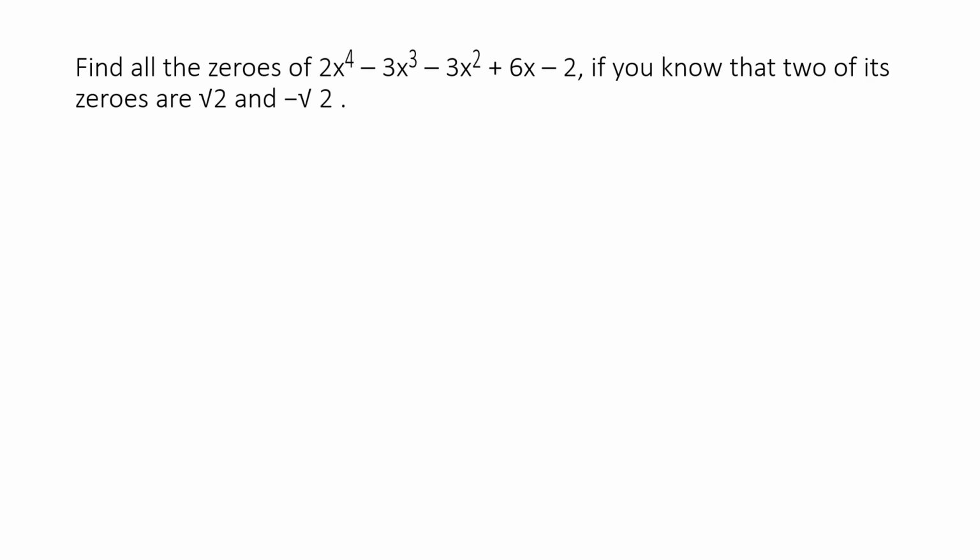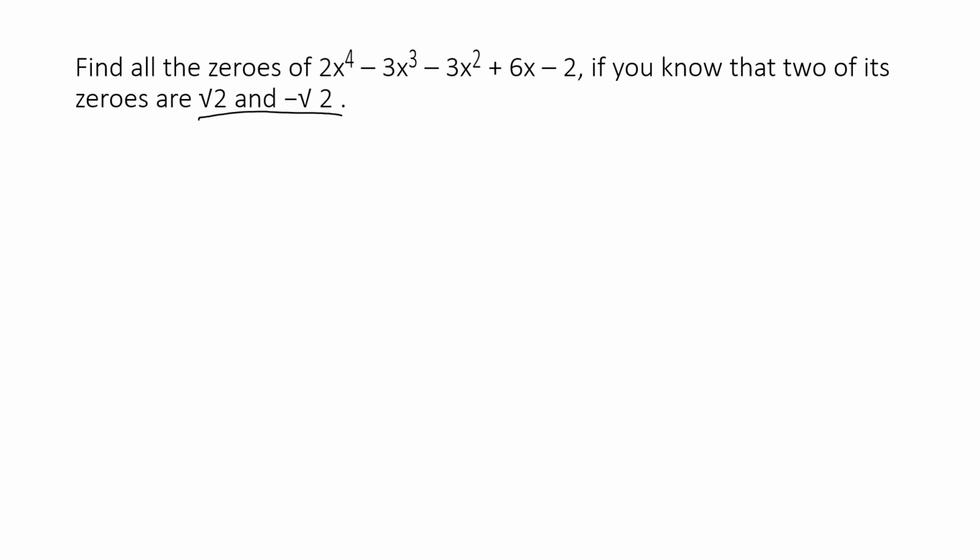Find all the zeros of 2x power 4 minus 3x power 3 minus 3x square plus 6x minus 2, if they have given a condition, root 2 and minus root 2 are zeros of this polynomial.